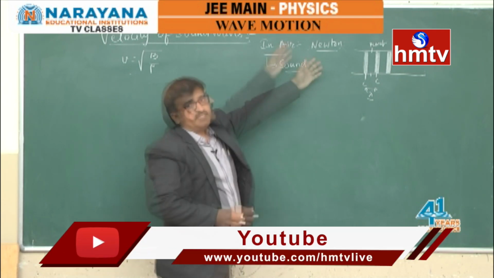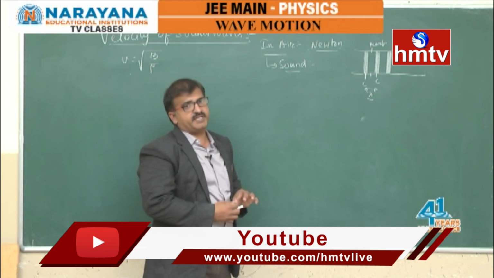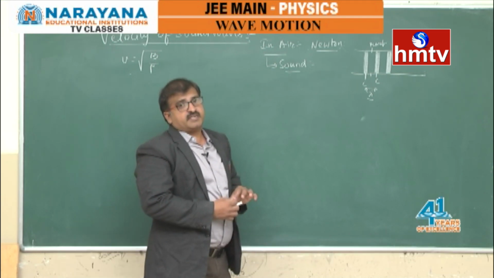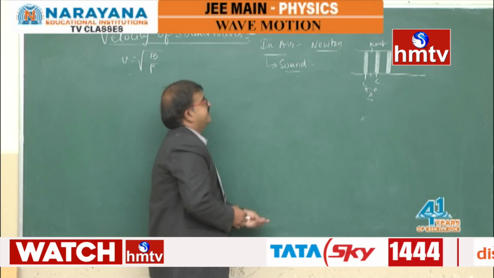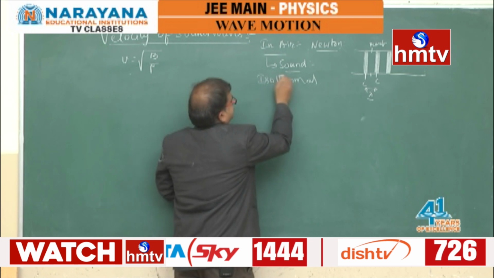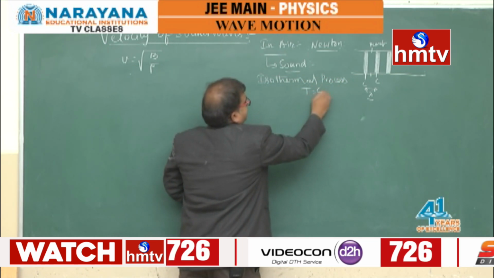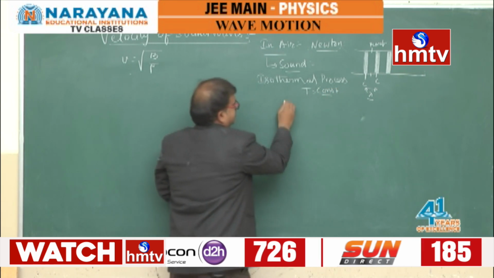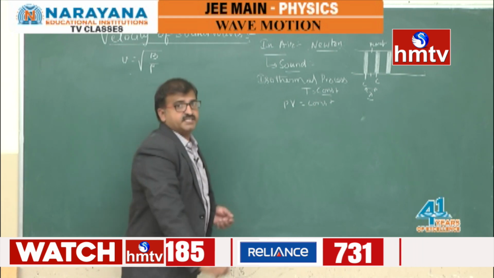So the change, according to Newton, obeys isothermal conditions. That means the temperature remains constant, the absolute temperature. So PV is equal to constant is the condition it obeys.